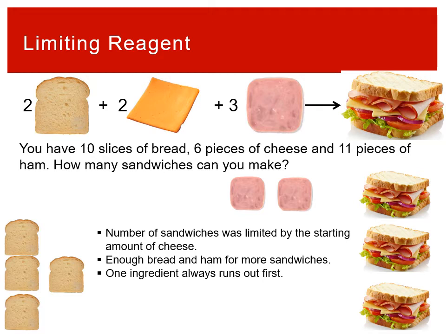And if you mix ingredients where they're not at the ratio of the recipe, this 2 to 2 to 3, you are guaranteed that one will always run out. And whichever one runs out limits how many you can make. So the cheese is your limiting ingredient here because it has run out. You still have bread and ham left over, but you can't make more sandwiches.